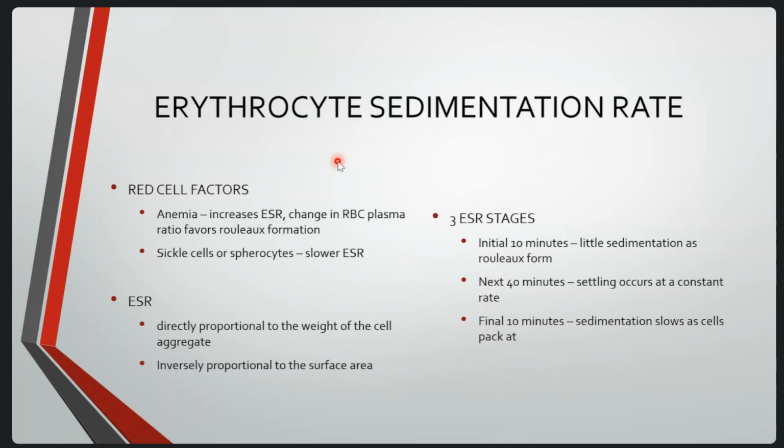The three stages of ESR are as follows. The initial 10 minutes will give you little sedimentation as there is only rouleaux formation. In the next 40 minutes, the settling will occur at a constant rate. And for the final 10 minutes, the sedimentation slows as the cells pack at the bottom.